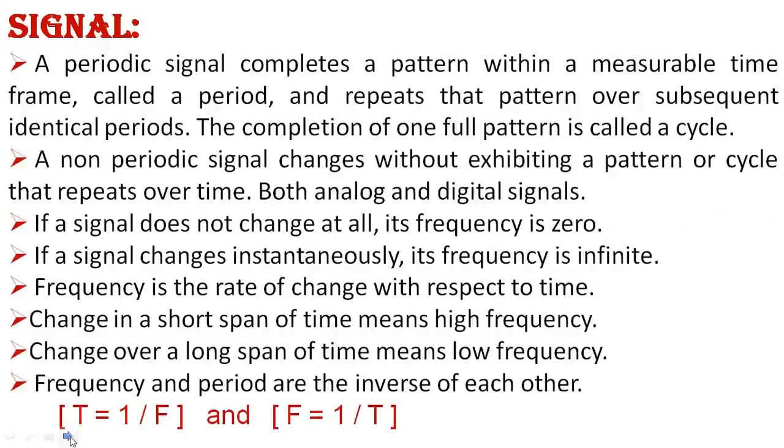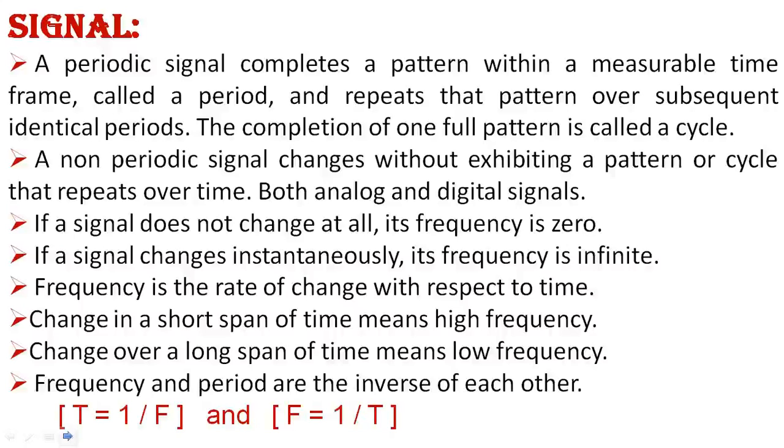A periodic analog signal is a complete pattern with measurable time that repeats that pattern over subsequent periods. The completion of one full pattern is called a cycle.